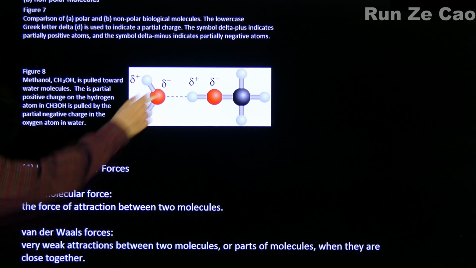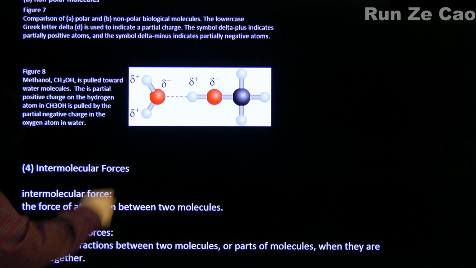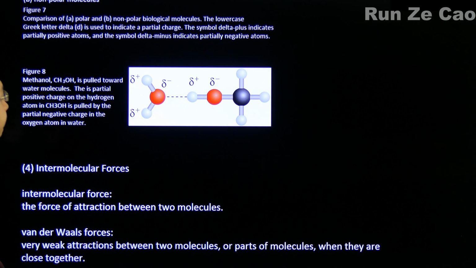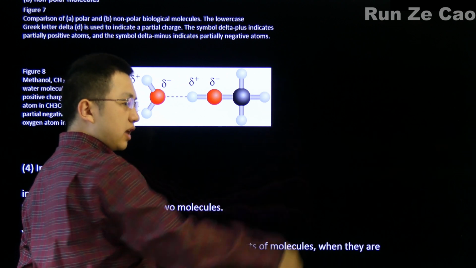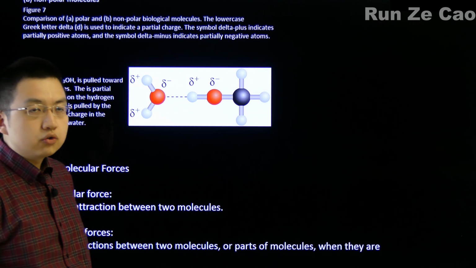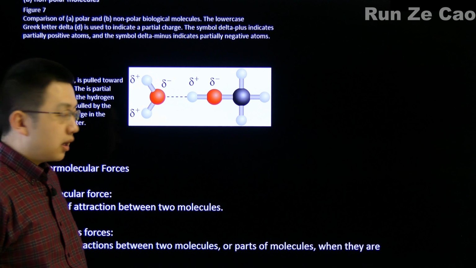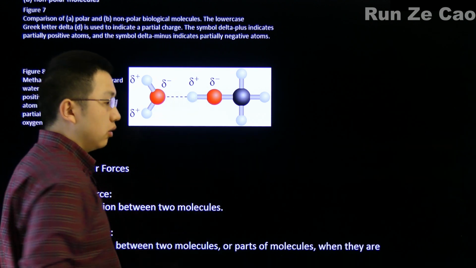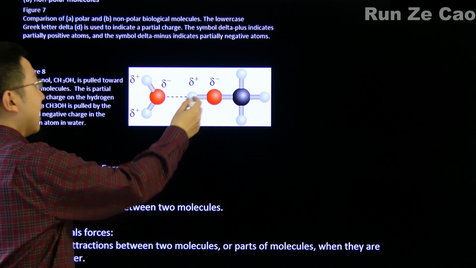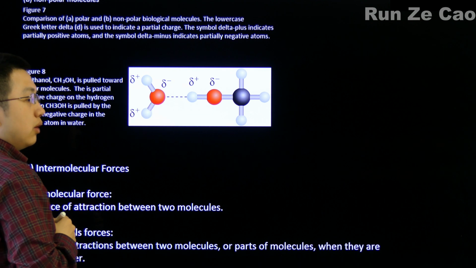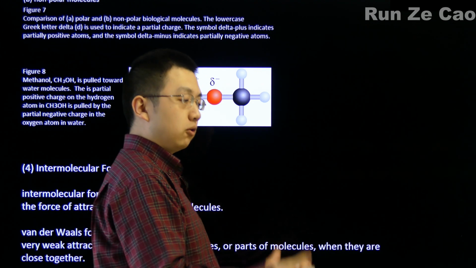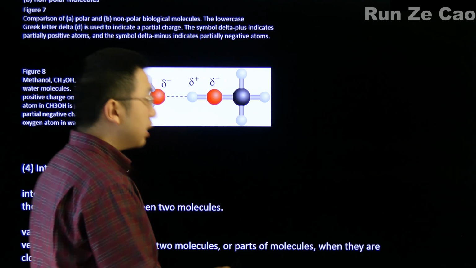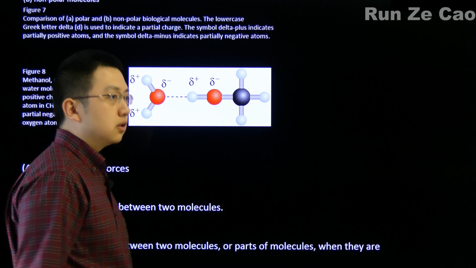Here we see methanol and water molecule. We should note that even though the carbon with lots of hydrogens attached is considered to be nonpolar, if we attach this hydrophilic, so water-loving, group that can hydrogen bond with water, we can freely solubilize, so we can make miscible, some pretty sizable hydrocarbon chains.